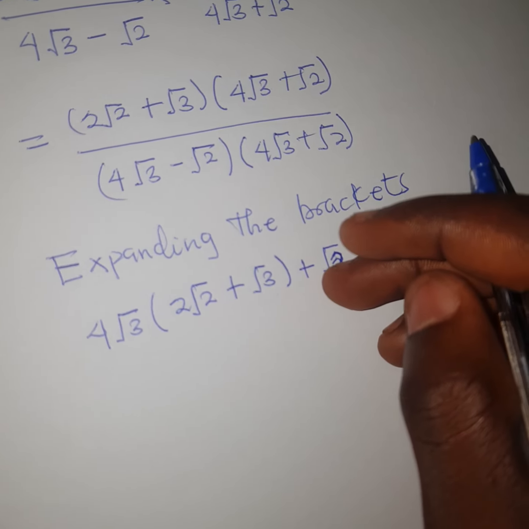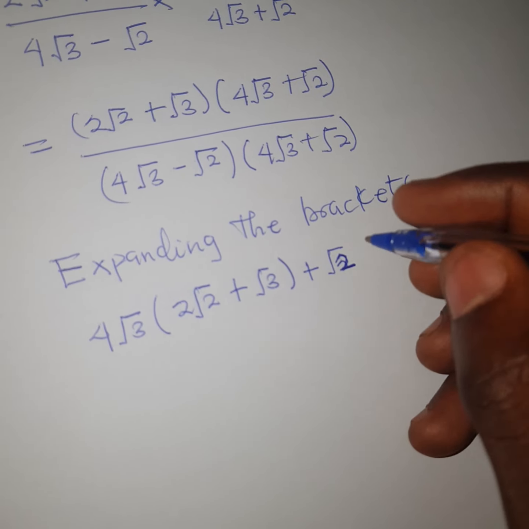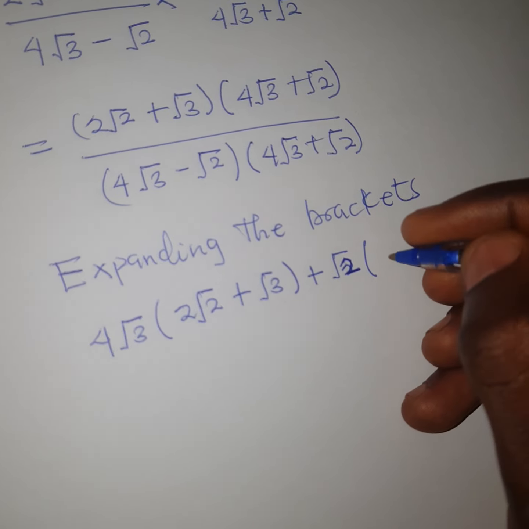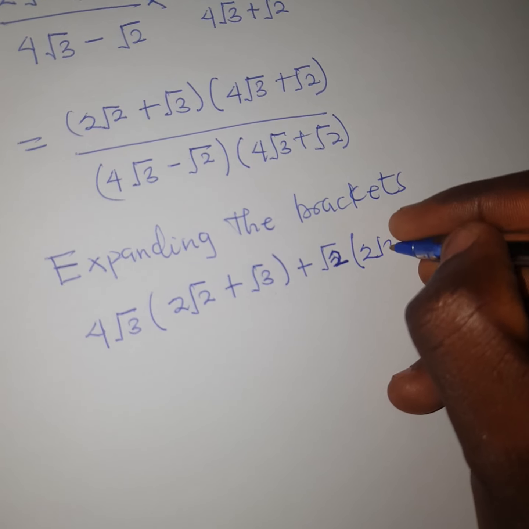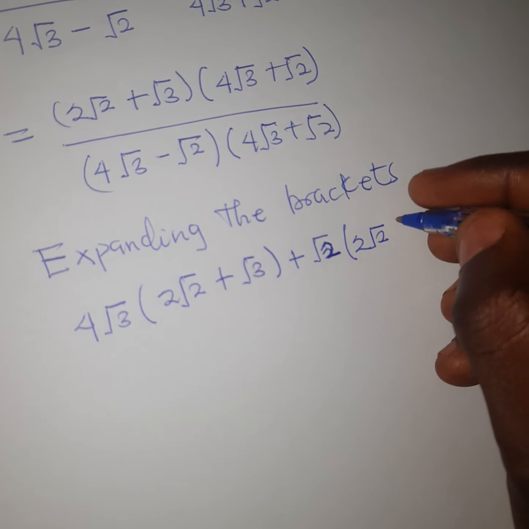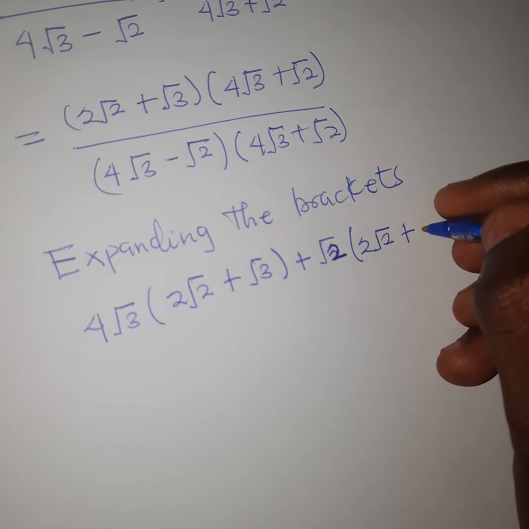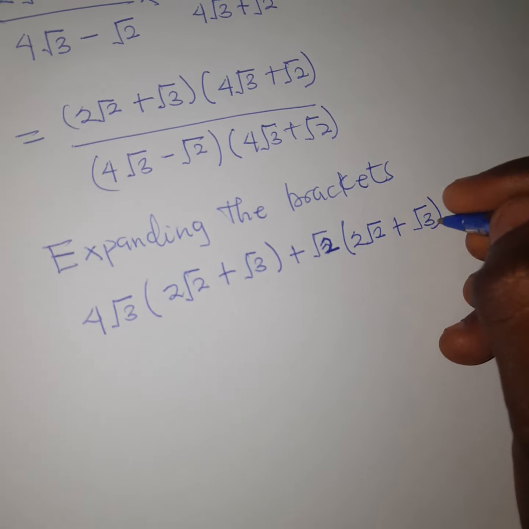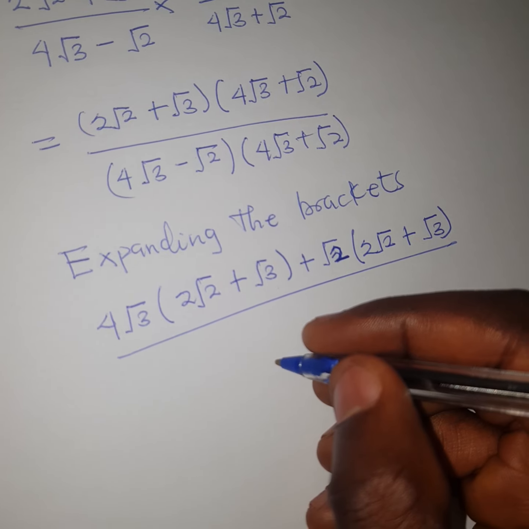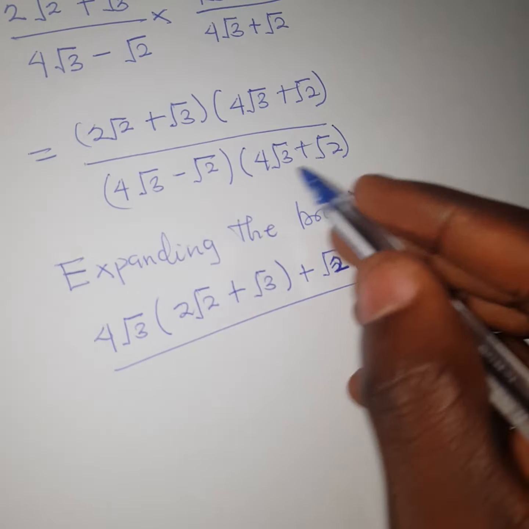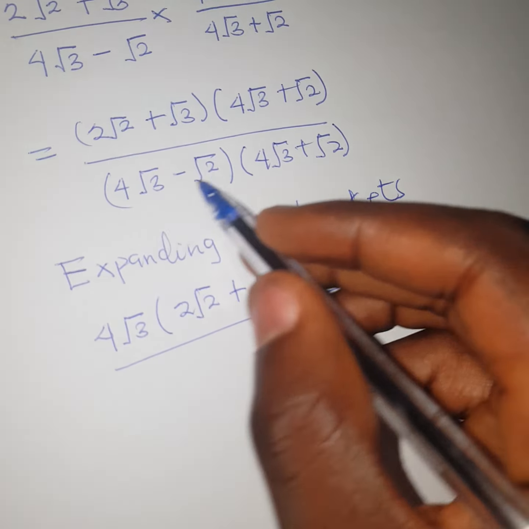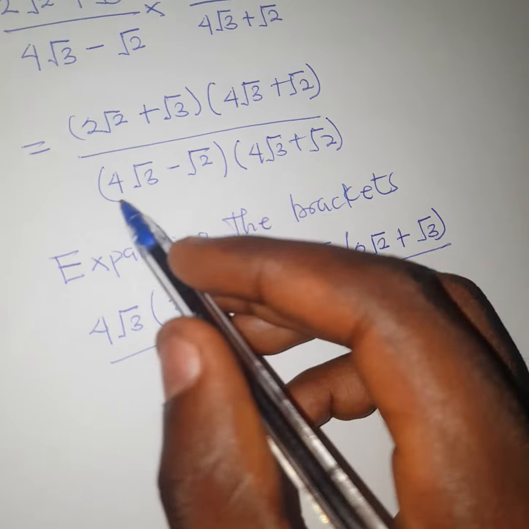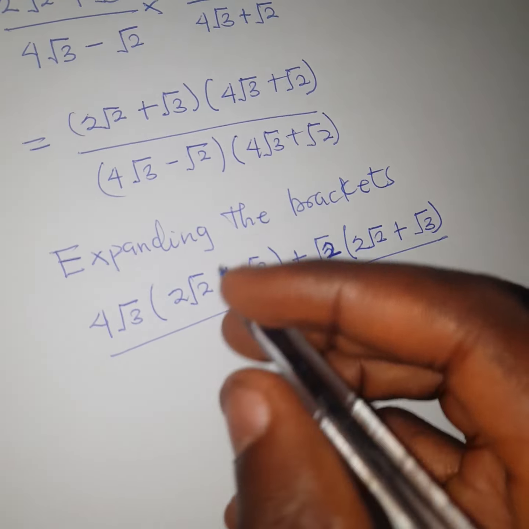So we are multiplying this by the bracket here, and so it will be 2 root 2 plus root 3 all over, this is difference of two squares, and so you pick the expression with negative side and square both terms there.